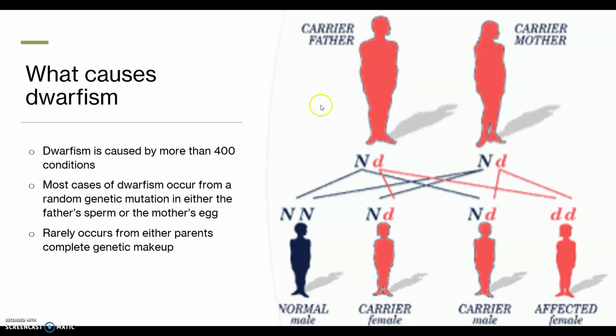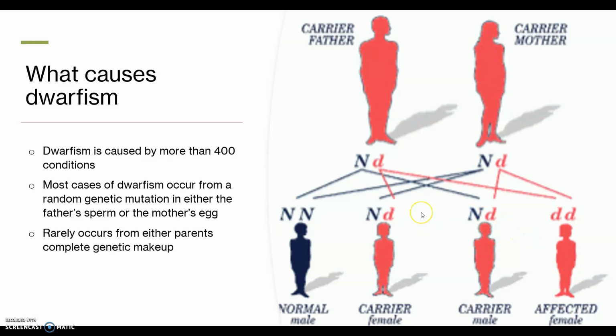And as you can see in this picture on the right, a carrier father and a carrier mother reproduce. The chance of a child with dwarfism is 25%, because if this child gets the little d from both his mom and his dad, then he would be affected with dwarfism.